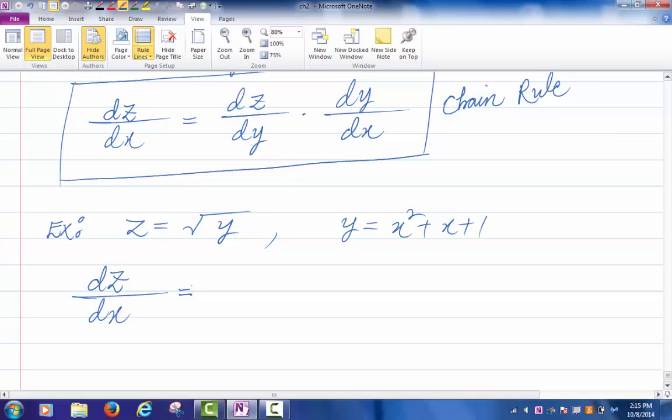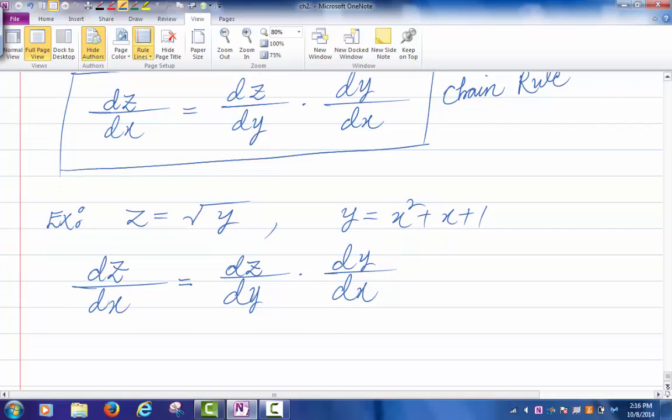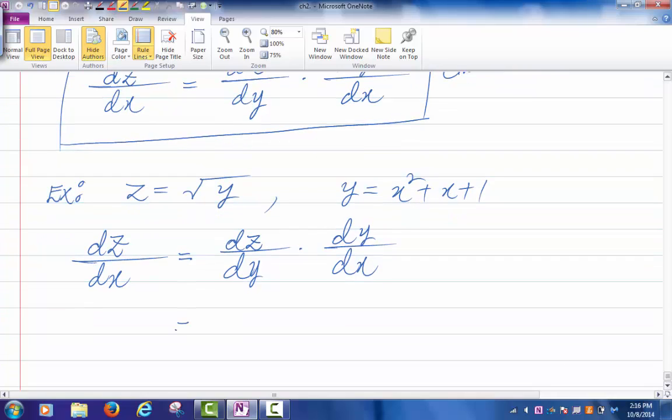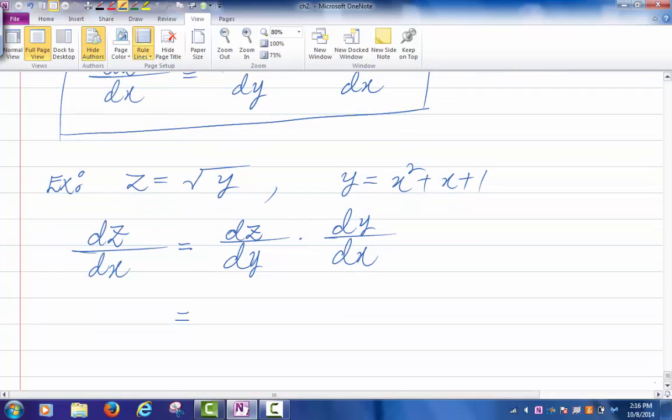The derivative of z with respect to x would be, by the chain rule, dz/dy multiplied by dy/dx. And what is dz/dy? Root of y is the same as y to the half, right? So what's the derivative of that? Half y to the half minus 1, right? And if you could do it in your head, that's fine.